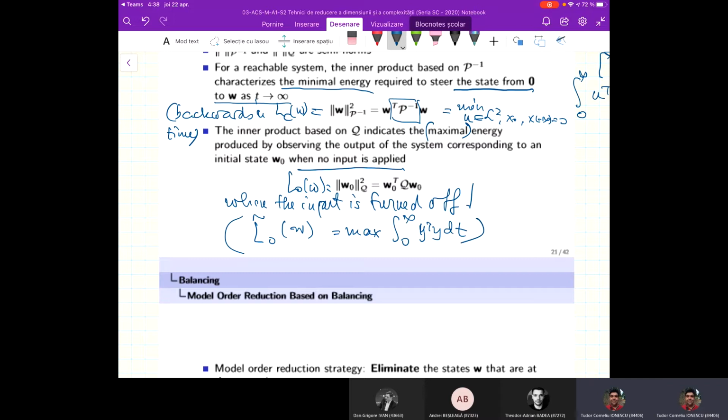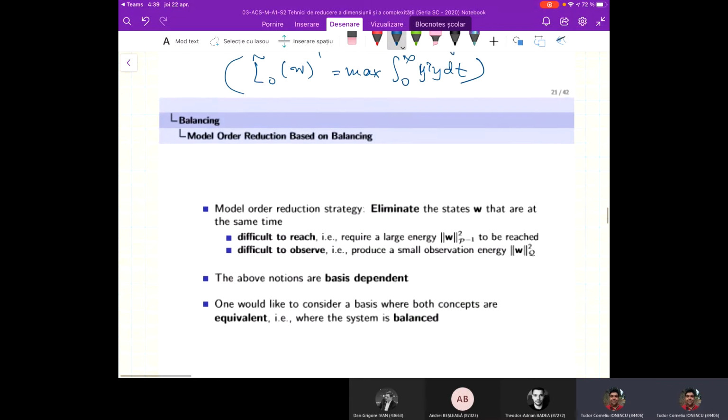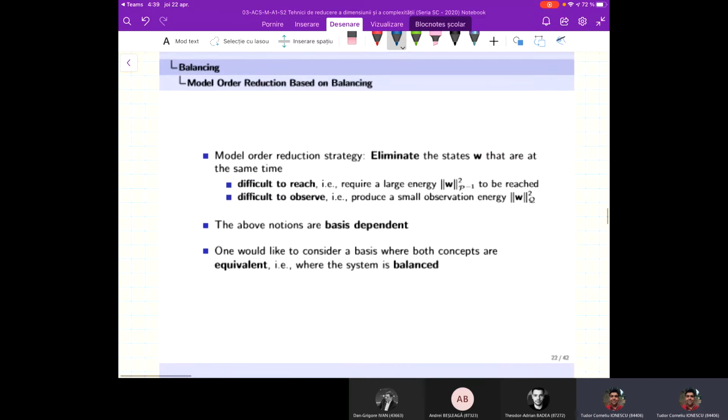Essentially we look at the energy output, not at the maximal energy output. So these are the energy functions to be computed using the gramians. Hence, the gramians are really important, and not necessarily the gramians themselves, but their eigenvalues and singular values.